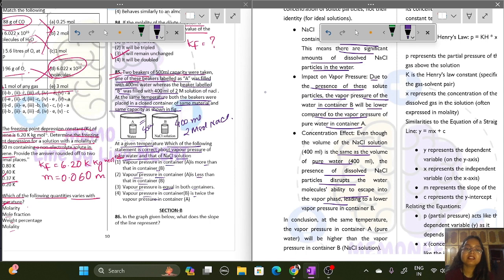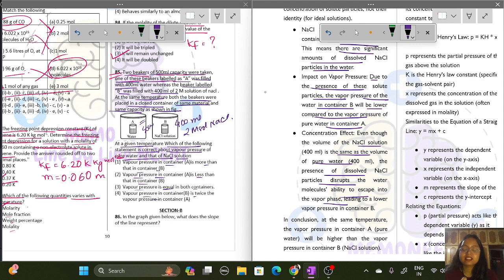If a container has only water, the water molecules can be converted easily into gas and escape easily.